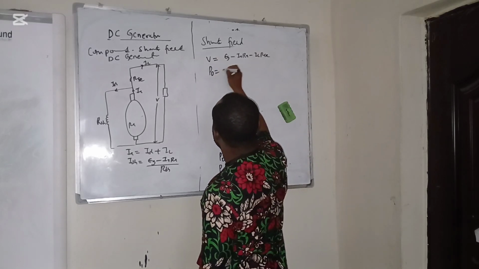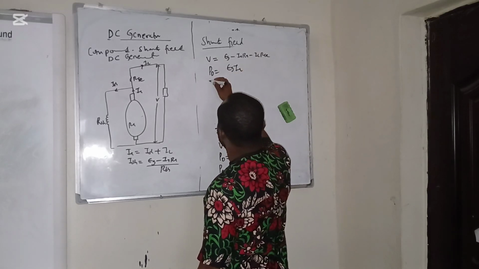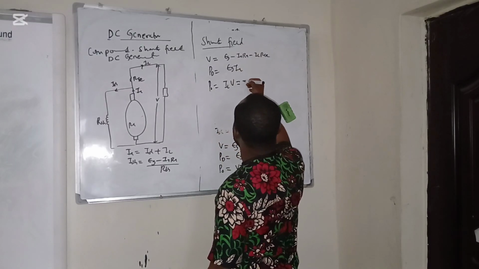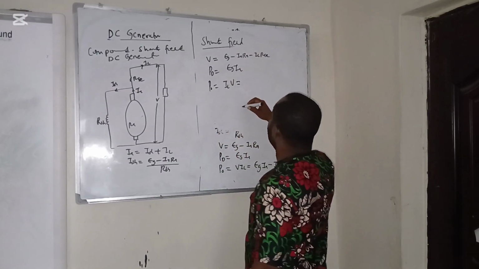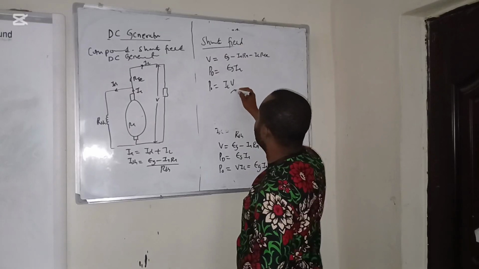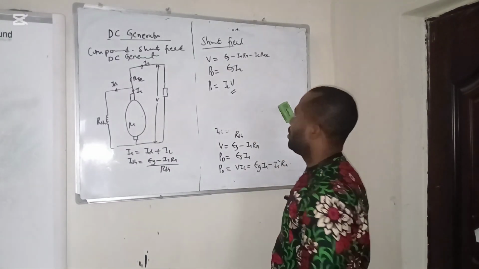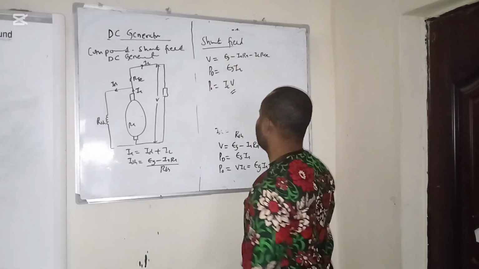But the power produced is the same, and the power delivered is this, which is this. So this is the analysis for the short field compound DC generator.